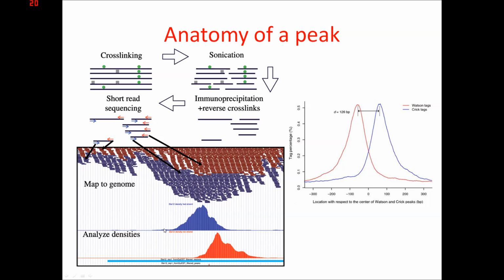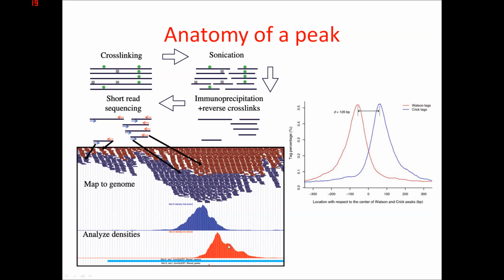So if we look at these forward and reverse reads on their own, you can see that for one binding region there's this kind of bimodal distribution of reads, these ones corresponding to the forward strands of the reads, these to the reverse strands.